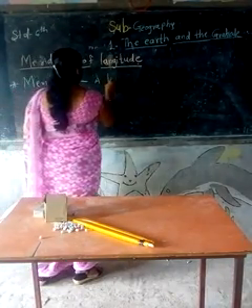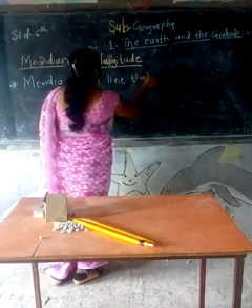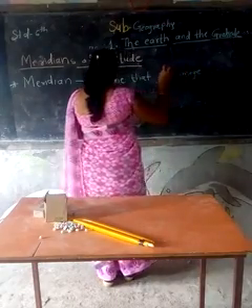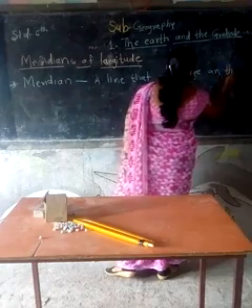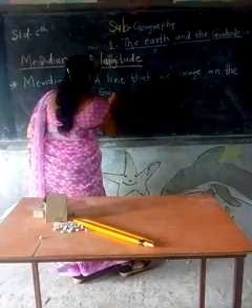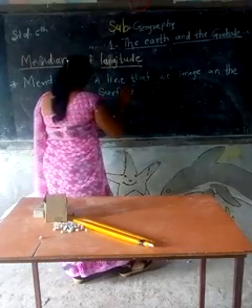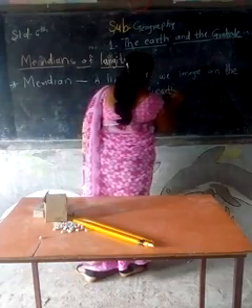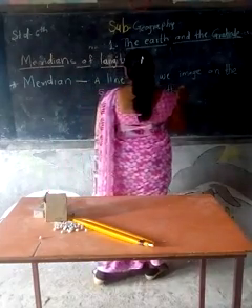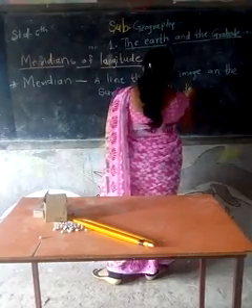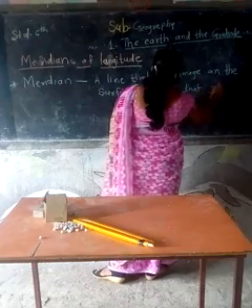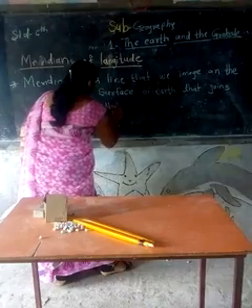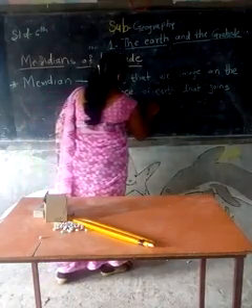A line that we imagine on the surface of the earth, that line that joins the north pole and south pole.